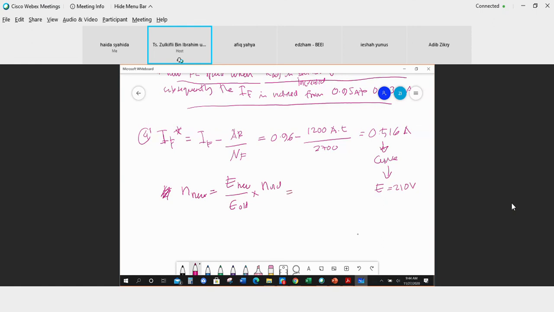And so your N new is 219.3 bagi 210, the speed daripada curve. So now your speed is 1253 RPM.